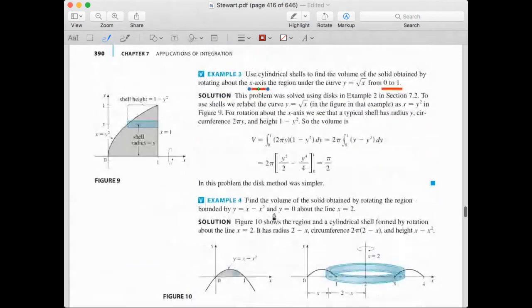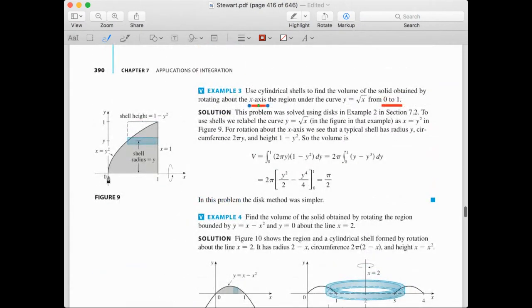After we rotate, they did not give a 3D object. So after we rotate, we will get a picture like this. If we cut it vertically, we see we have this intersection, so we have this kind of shape, a 3D object.